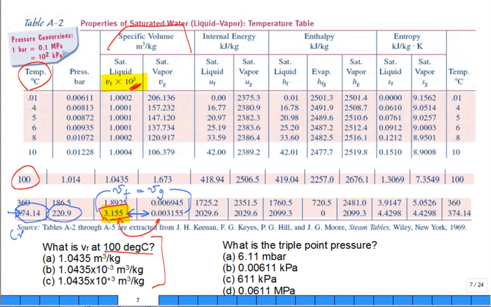Let's ask the question again. So the second clicker question, I'll go back and grade the first one after I grade this one. So at 100 degrees C, what is the value of V sub F? All right. So do you think we're 100% correct as a class? It's pretty rare to have 100% correct.